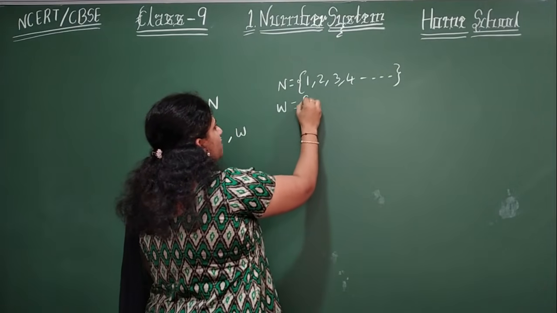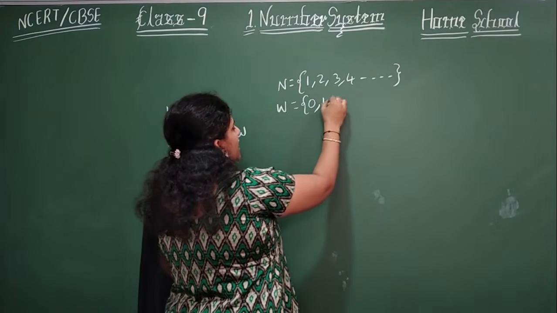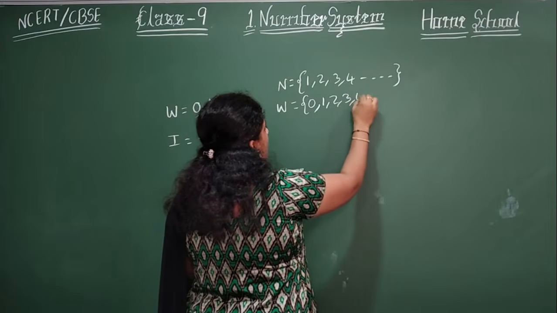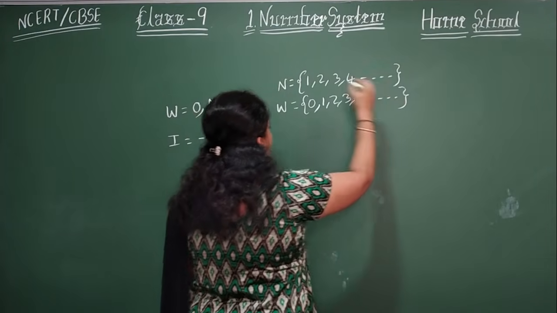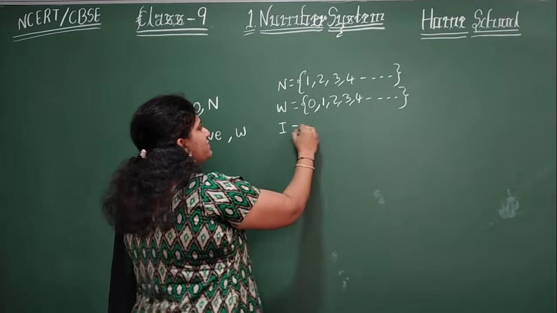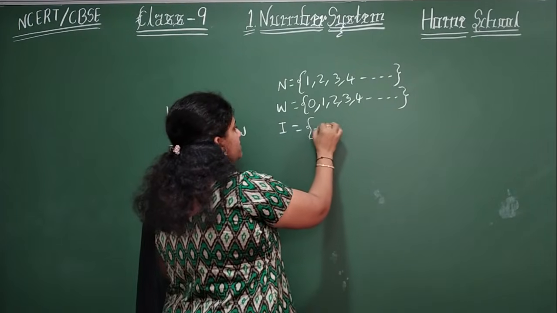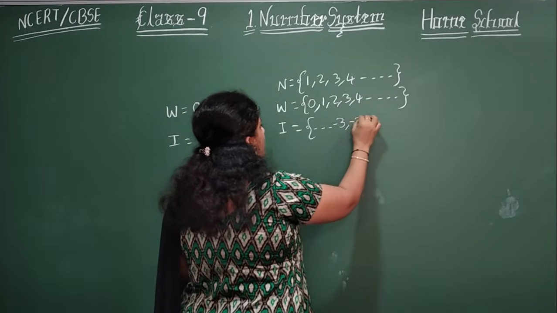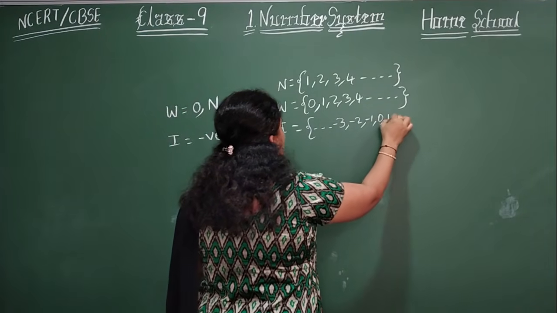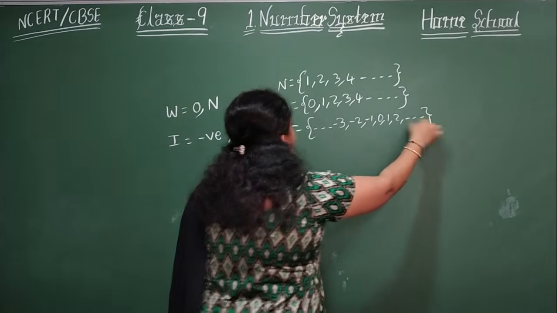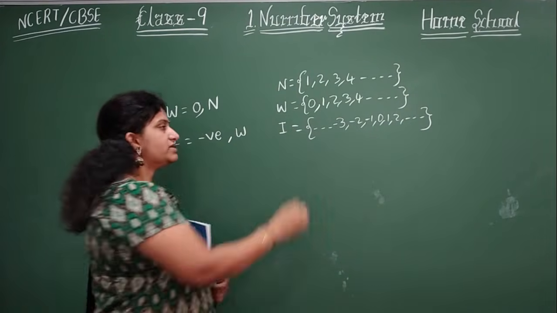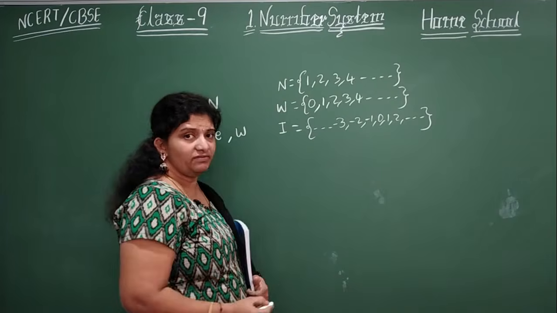Whereas the whole numbers are the natural numbers including 0. What are the next numbers here, children? Integers. Negative numbers along with the whole numbers are called the integers.